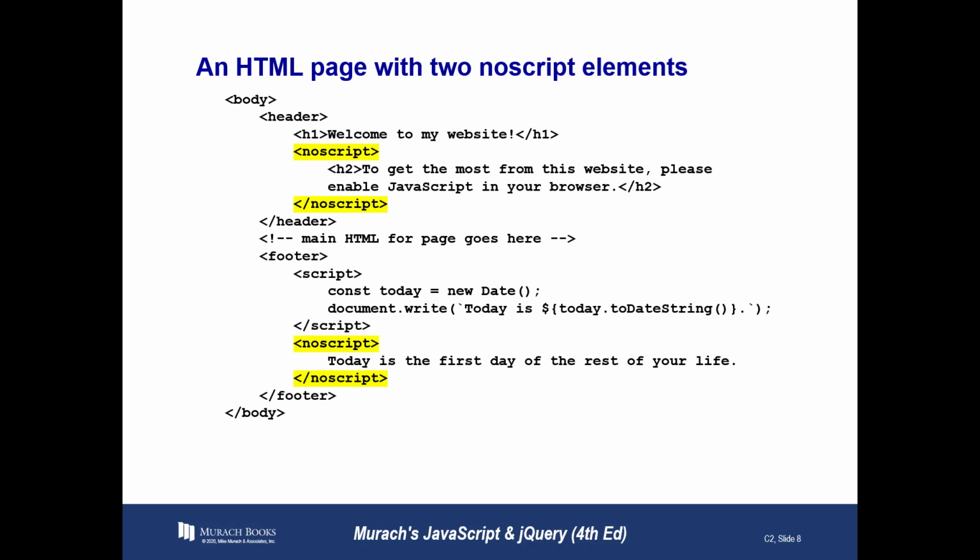And when you look right here, notice we've also got noscript, because it is possible for somebody who is using JavaScript to turn JavaScript off on their computer, disable it, so to speak. So as it says right there with a noscript tag, if they've got JavaScript turned off, they will instead get an H2 tag that says, to get the most from this website, please enable JavaScript in your browser.